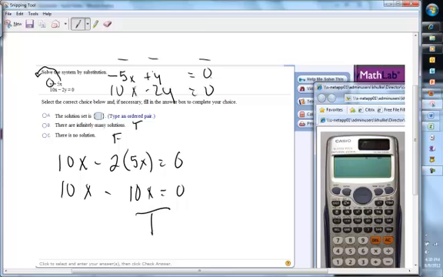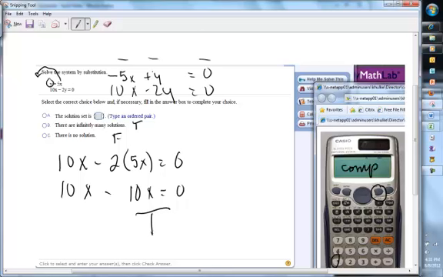So we'll enter on our calculator negative 5, 1, 0. 10, negative 2, 0. Now remember, if you want to get your calculator back to calculation mode, just press mode 1 and it'll be back to COMP, which if you notice, it'll say that on the screen. And it says infinitely many solutions, so we'll click the infinite solutions box.